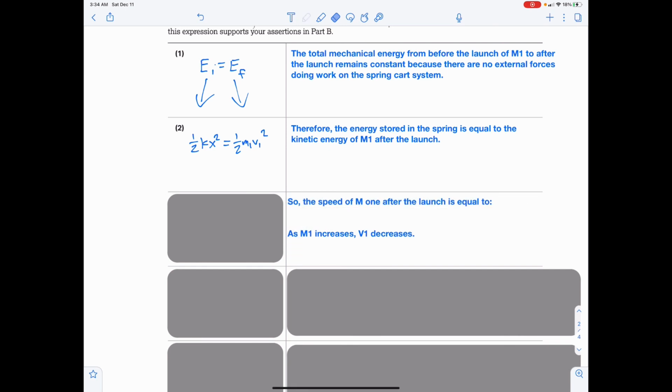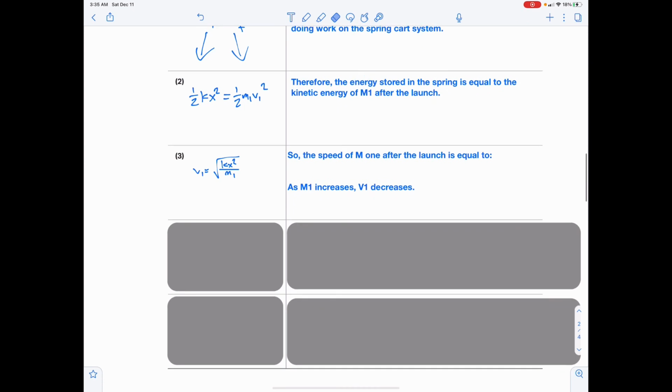So the speed of M1 is equal to, when you solve for speed, the square root of kx squared over M1. So what you can see here is that as M1 increases, the speed is going to decrease. The kinetic energy might stay constant, but the speed specifically will decrease.